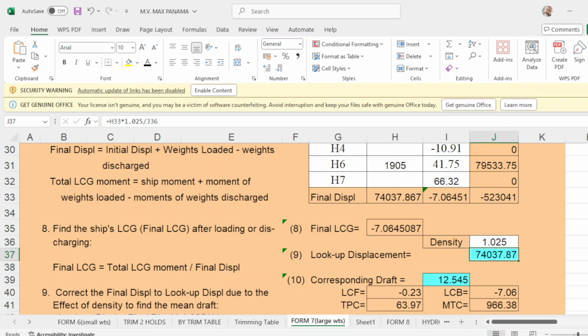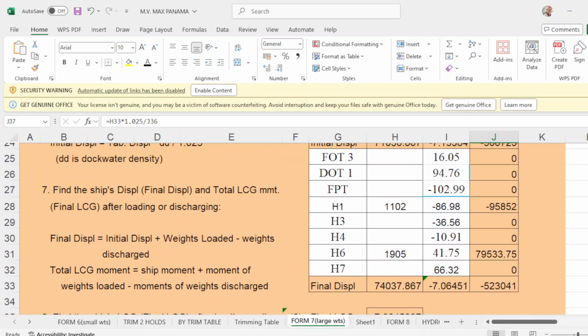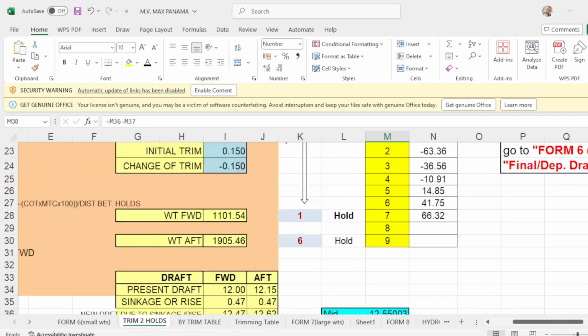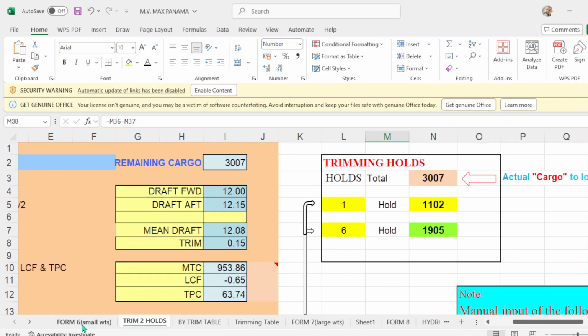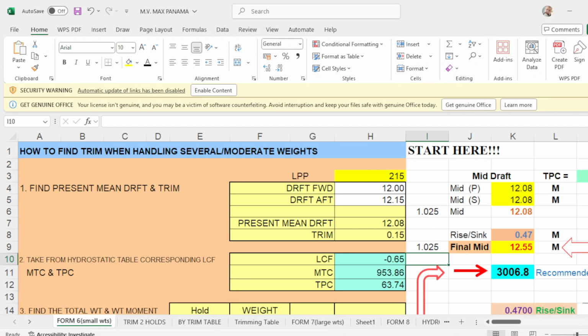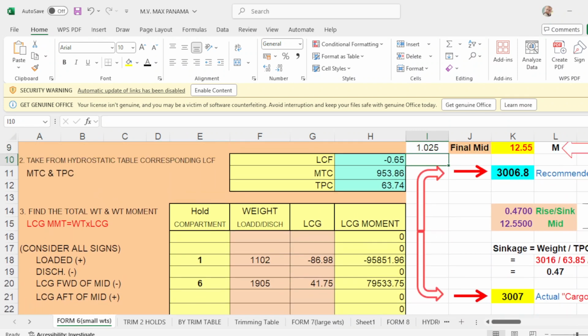Now input the cargoes in 1 and 6. Oh, I'm sorry. You can put it this way. 1 and 6. So number 1 is 1102.